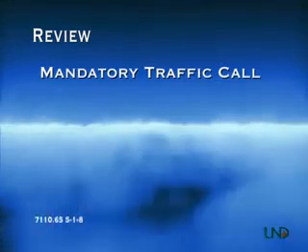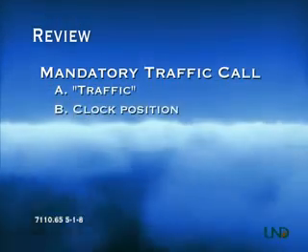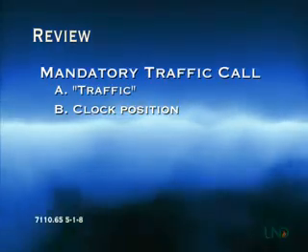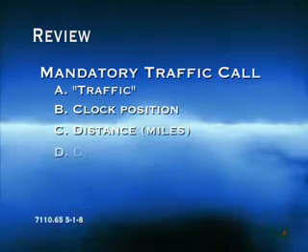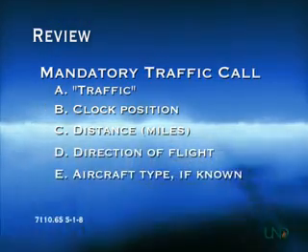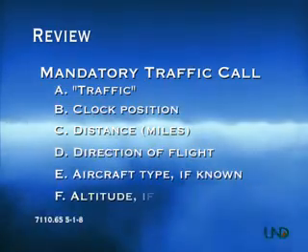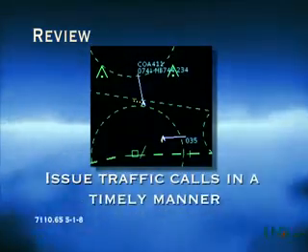The traffic call consists of the following elements: the word traffic, the location of the traffic in relation to the aircraft you are talking to, the distance of the traffic from the aircraft you are talking to, the traffic's direction of flight, the traffic's aircraft type and the word heavy if needed, and the altitude of the traffic. Traffic calls must be made in a timely fashion to allow the pilot to determine if a vector is necessary.